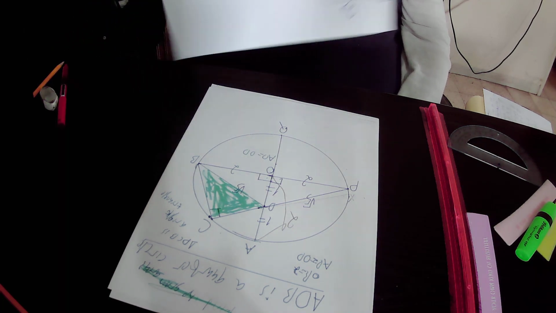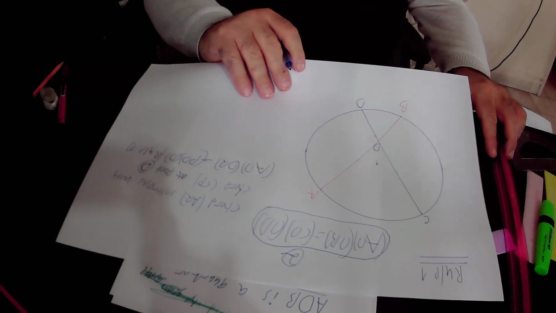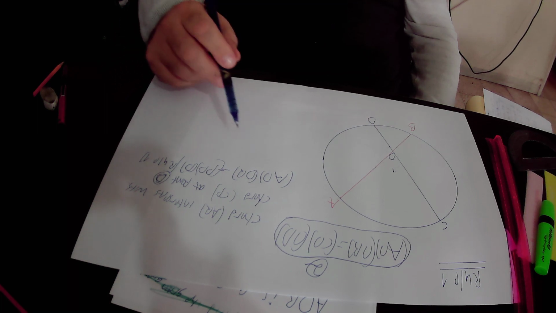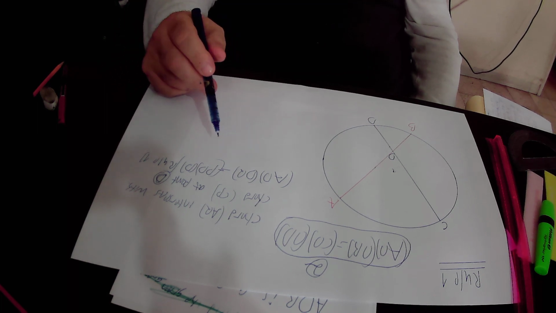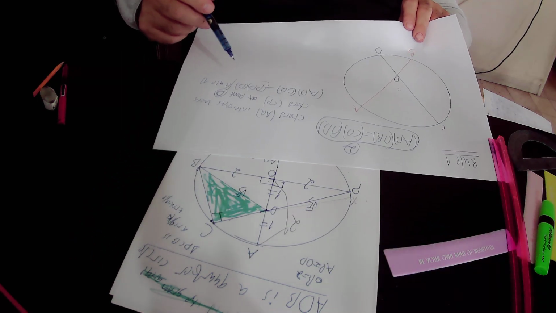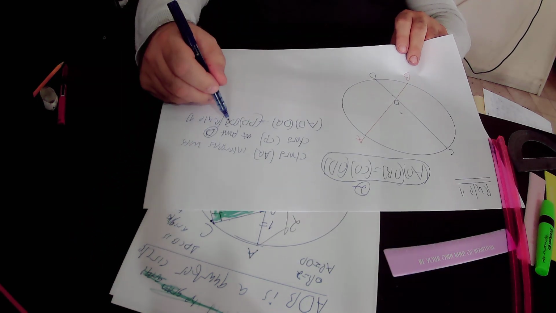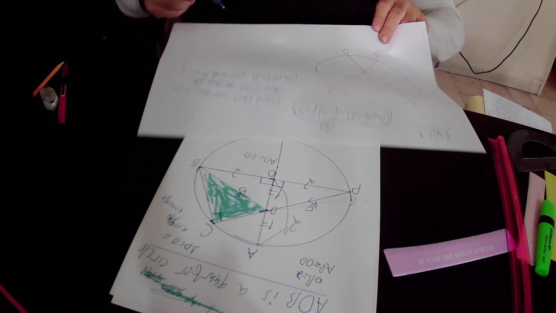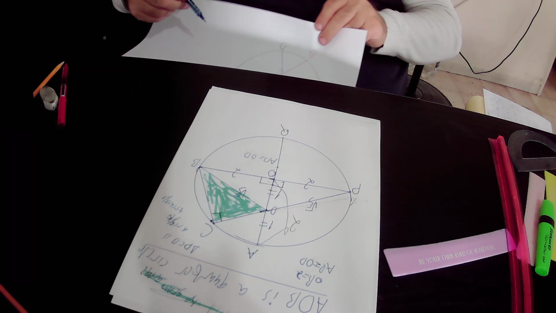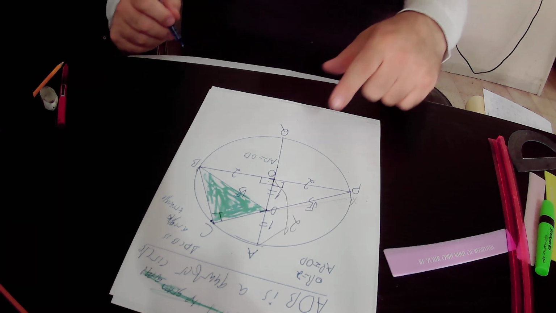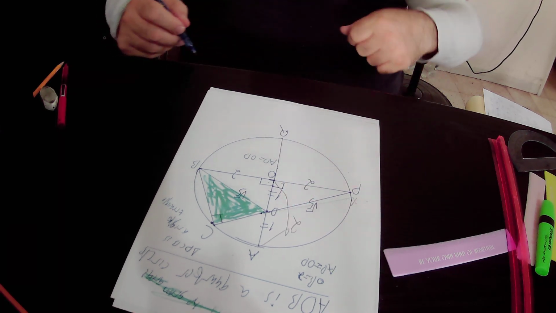I repeat again. Chord AQ intersects with chord CP at point D. Therefore, according to rule number 1, we get that AD times DQ equals PD times DC. According to rule number 1, AD equals 1, DQ equals here.